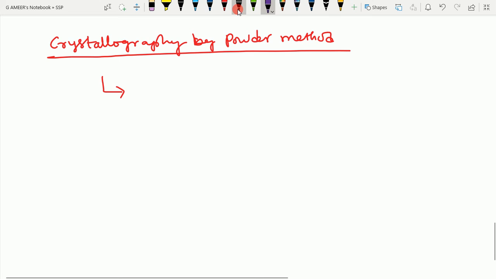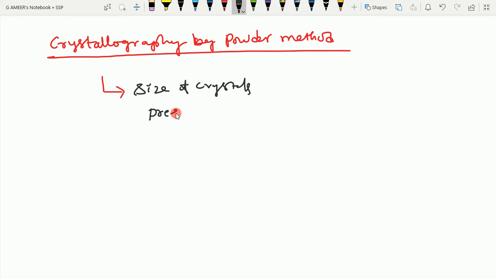This method gives us the information about the size of the crystals, presence of impurities, distortion, preferred orientation of the crystals, all can be calculated.